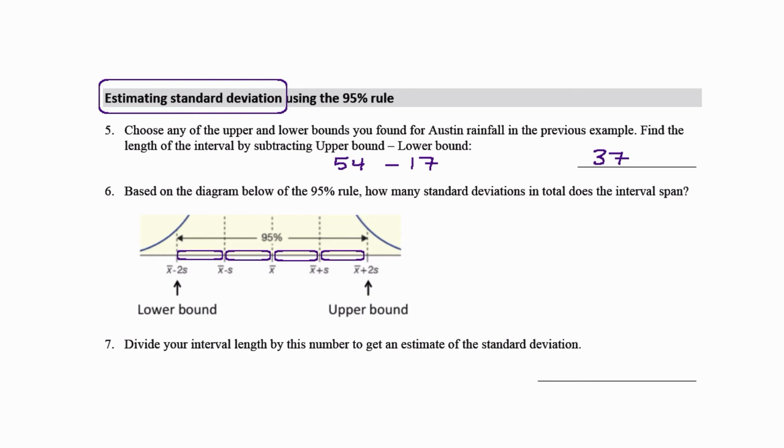So I can calculate that standard deviation from the interval length, 37 divided by 4, and this in this case gets me 9 1/4.